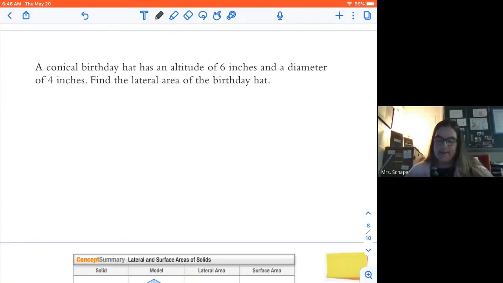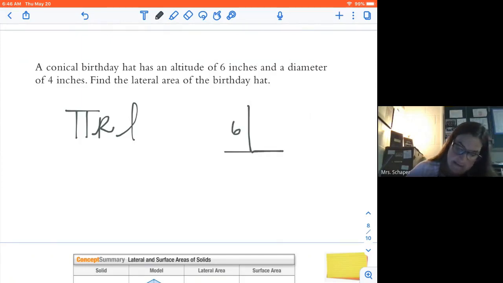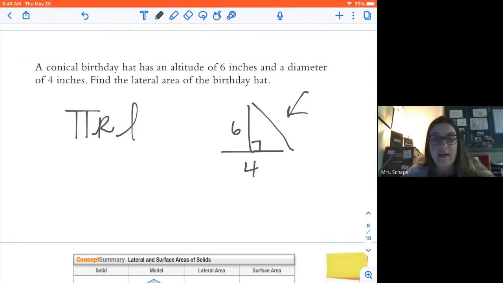A conical birthday hat has an altitude of 6 inches and a diameter of 4. Find the lateral area of the birthday hat. All right, so we're going to take pi times radius times the slant height. It has an altitude of 6 and a diameter of 4, and I need to know the slant height in order to find the lateral area.